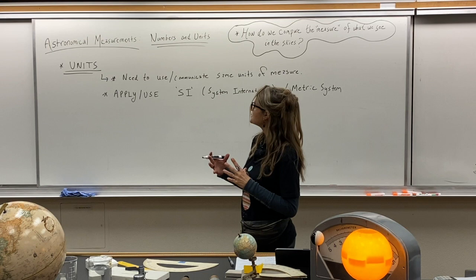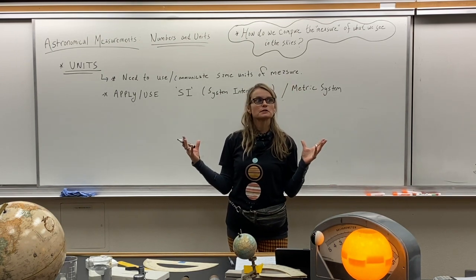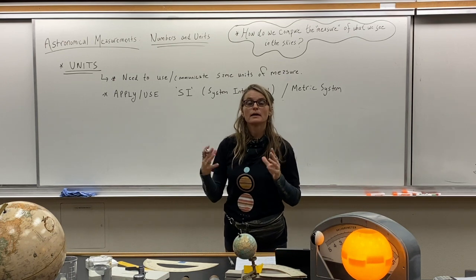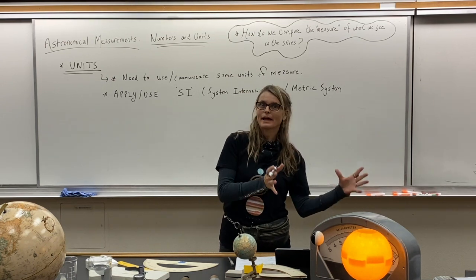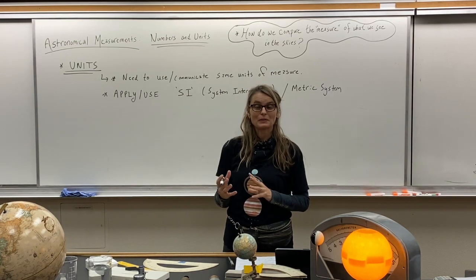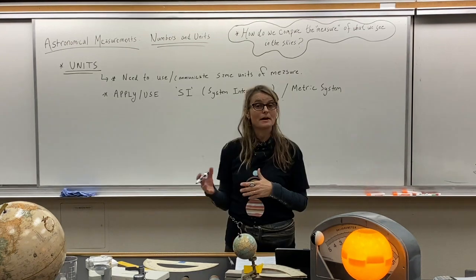So what we have to do is rely upon a standard system. So if we make observations, let's say in the night sky, we need to be able to say, okay, my meter is the same as your meter. My AU is the same as your AU. And what's it all based on? My measurement of time is the same as your measurement of time.